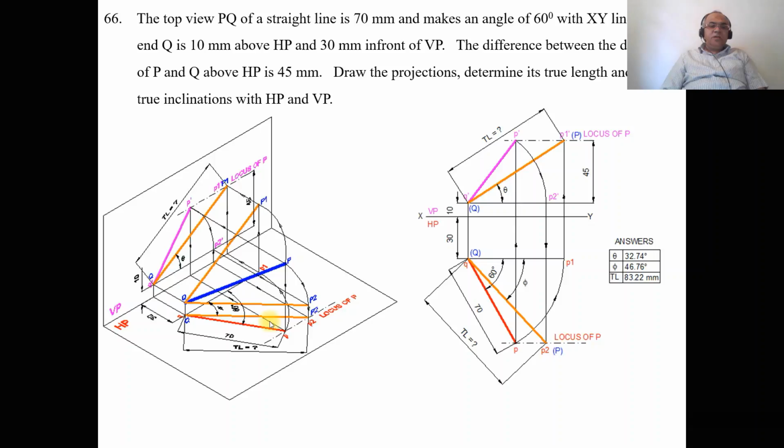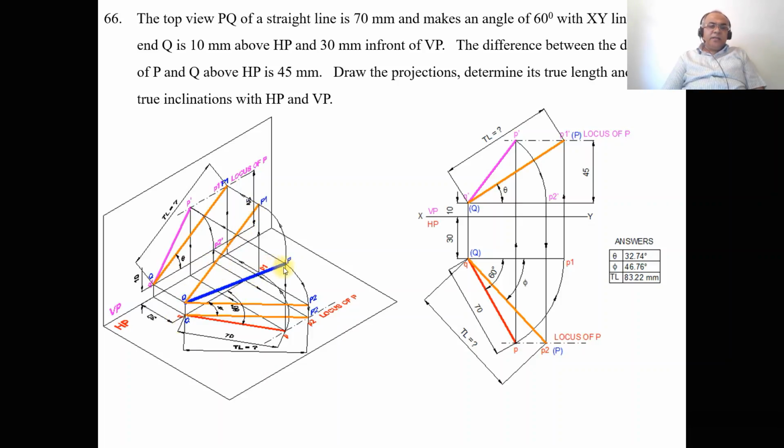Now what we need to do is find out the true length in the vertical plane as well as in the horizontal plane. To do that, with capital Q as center, taking the radius QP, you rotate it such that both capital Q and P1 are in front of VP by 30 mm. Now the line is parallel to VP.